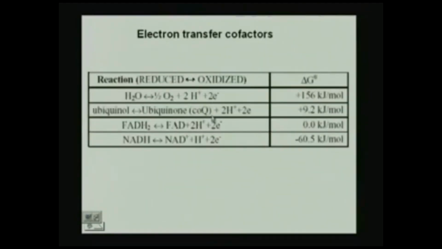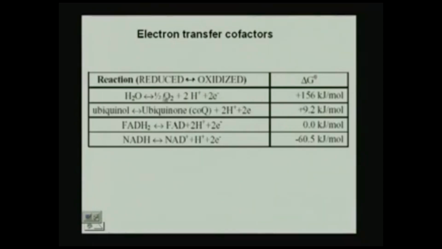Now, here are some of the delta G0 values associated with the electron transfer cofactors. When we go from ubiquinol to ubiquinone, so quinol to quinone, meaning I need 2 protons and 2 electrons, I have a plus 9.2 kilojoule per mole free energy change. For H2O, that is the reduced part, going to half O2 plus 2H plus 2 electrons, the value of delta G0 is plus 156 kilojoules per mole.